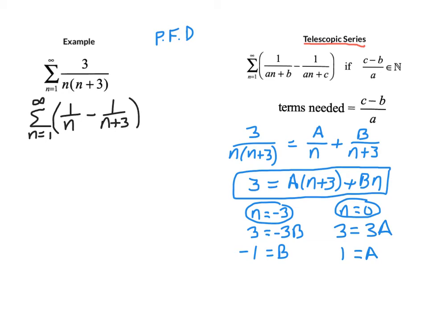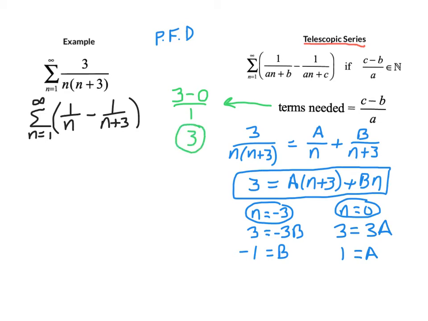So that's indicating to us now that we can find the sum because it appears to be telescopic. We have the difference of two rational expressions, but before we move any further, we want to do a calculation on the terms needed and make sure that c minus b over a is a natural number, which it is. So here we have 3 minus 0 divided by 1, which says 3.